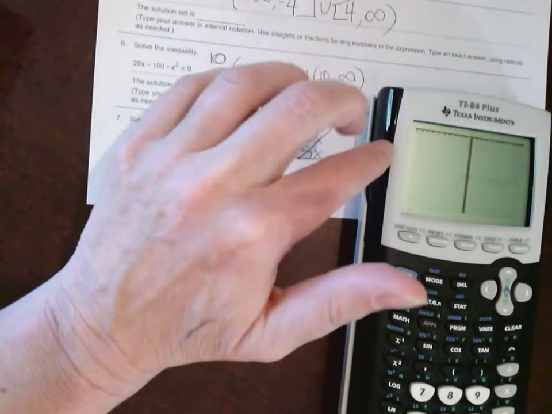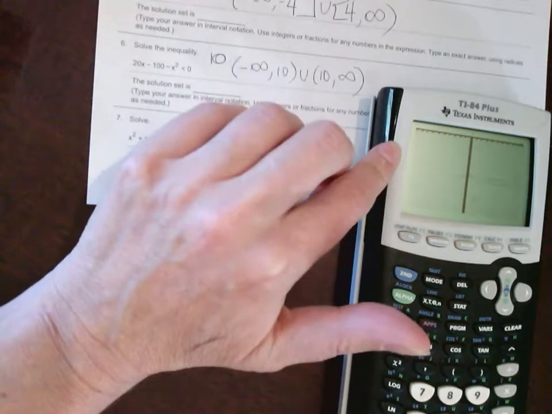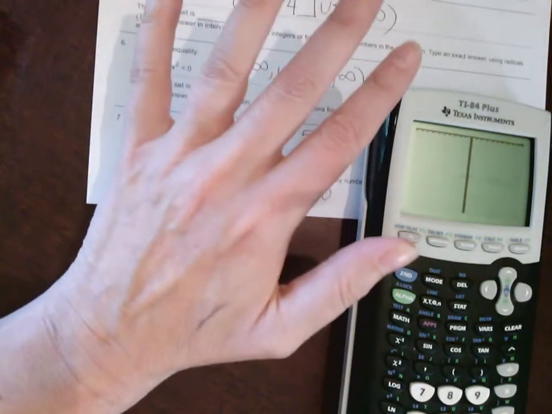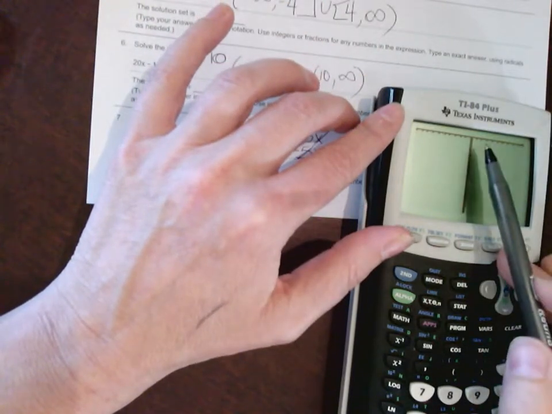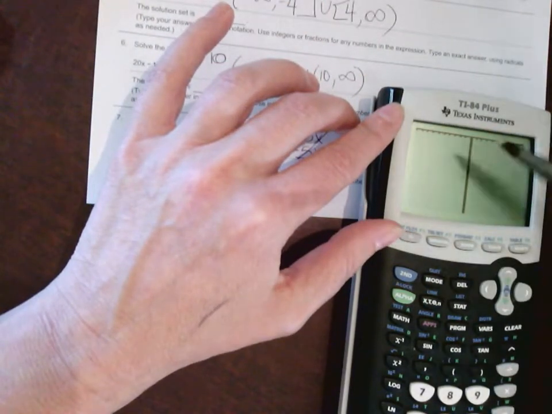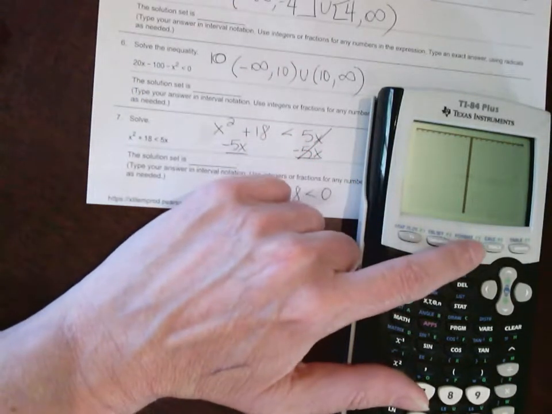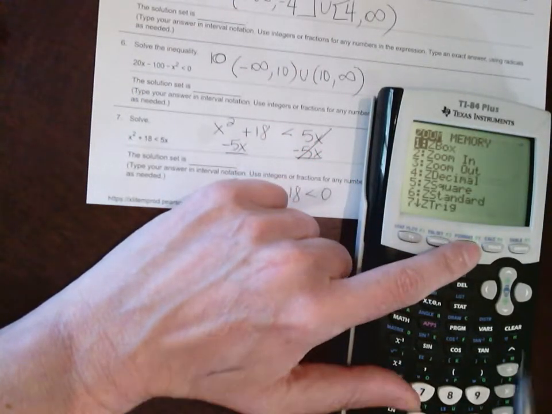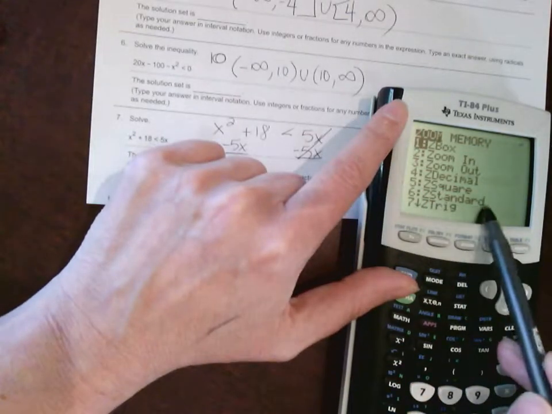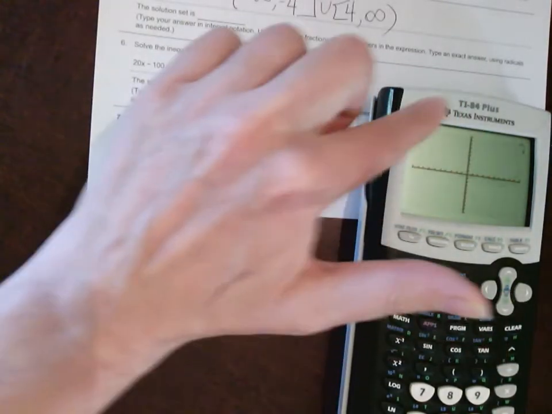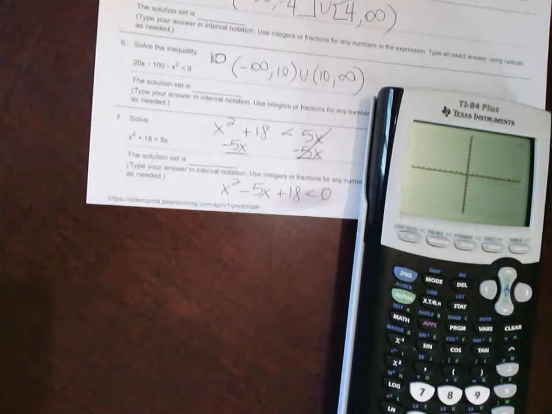If you have done that zoom fit for your last graph, to get it back to the standard, what we like to see where the x-axis goes from -10 to +10, and the y-axis also goes from -10 to +10, go back to your zoom button. And then to get it to the standard, which is what we like to start off at, it's this number 6. So go down to 6. See how that made your x and y-axis be like we like to see them?